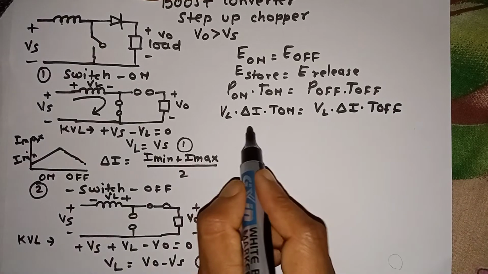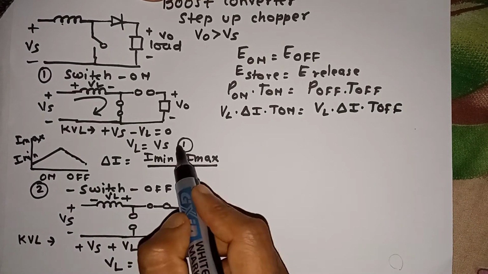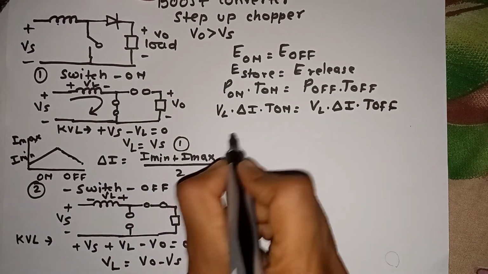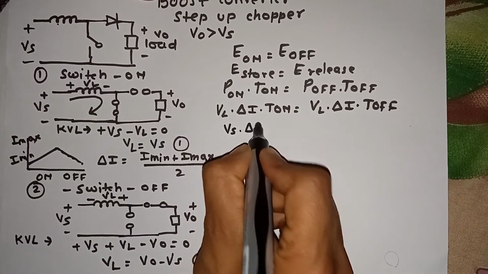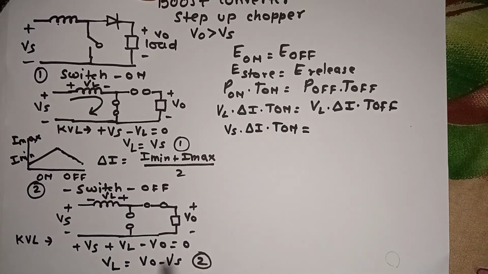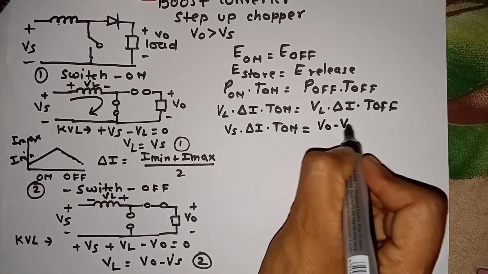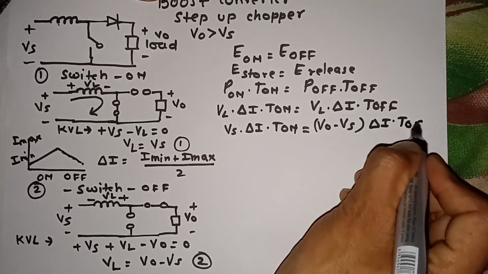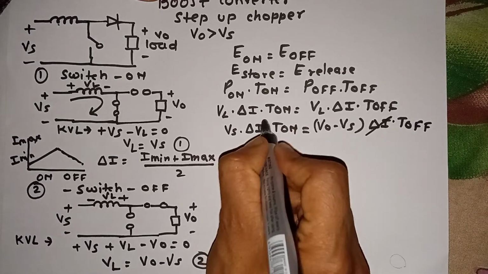Now we put the values of VL from equations 1 and 2 into this equation. So we get Vs into delta I into T on is equal to VO minus Vs into delta I into T off. Now delta I cancels, and we simplify the equation.